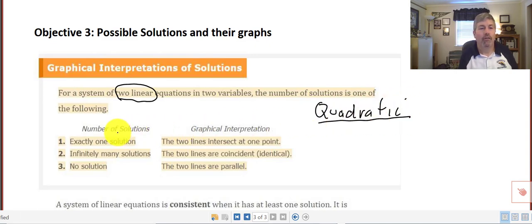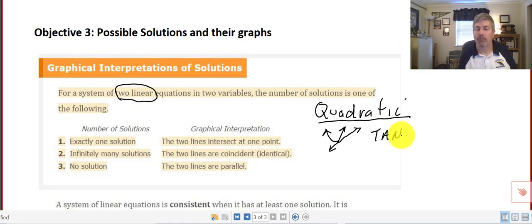If there's exactly one solution, the two lines intersect at one point. In a quadratic, that's going to be a little bit trickier. We can have exactly one solution in a quadratic, but our line and our quadratic might be tangent. So we could have one solution where we've got a tangent.